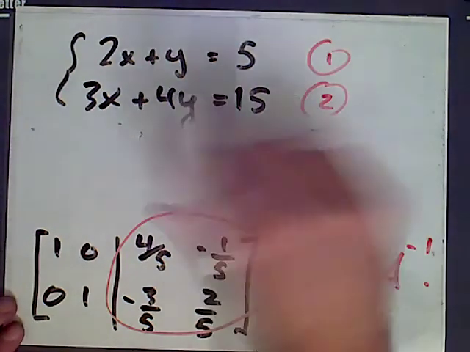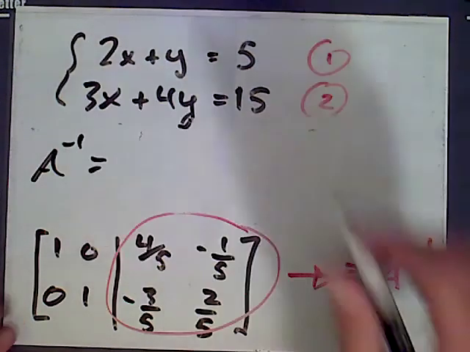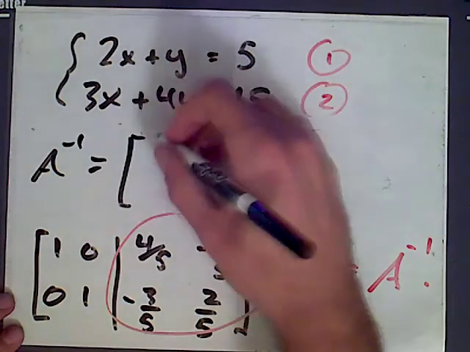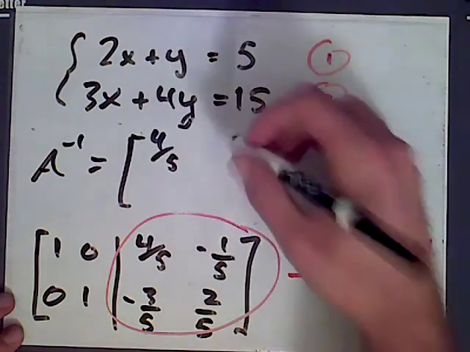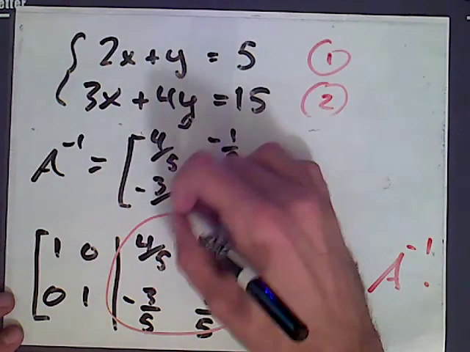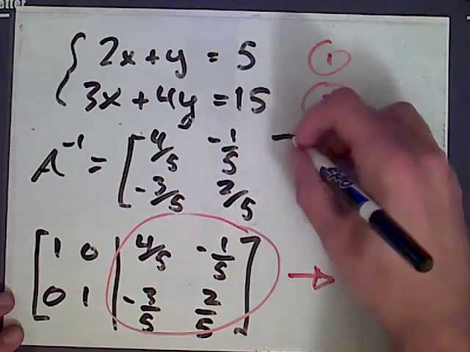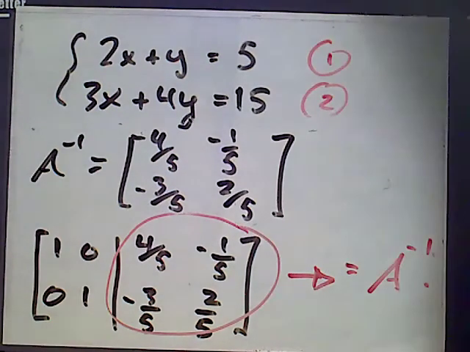We have A inverse equals 4 over 5, negative 1 over 5, negative 3 over 5, and 2 over 5. I can now erase this.